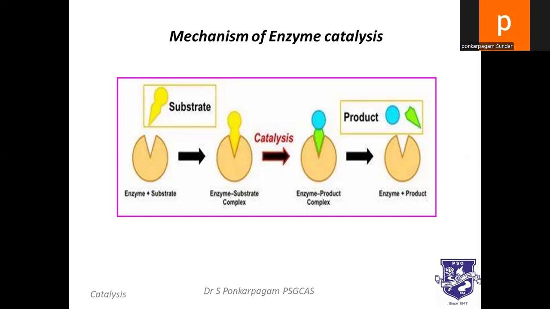The substrate comes onto the enzyme surface. The enzyme has a specific void for a substrate. Substrate is nothing but a reactant. Then complex formation takes place. Then the enzyme-product complex dissociates to give enzyme plus product. This is the simplest mechanism.